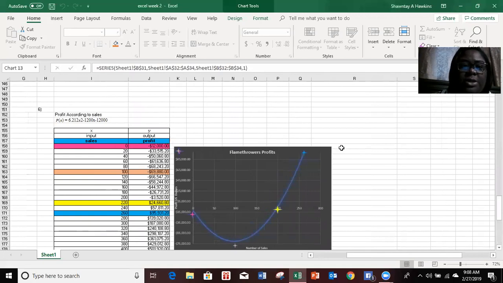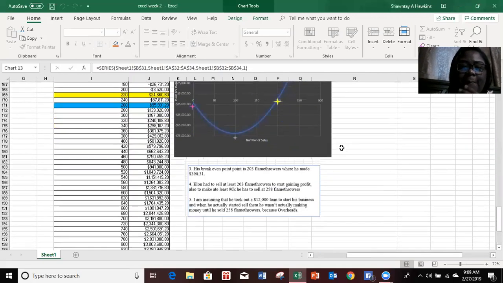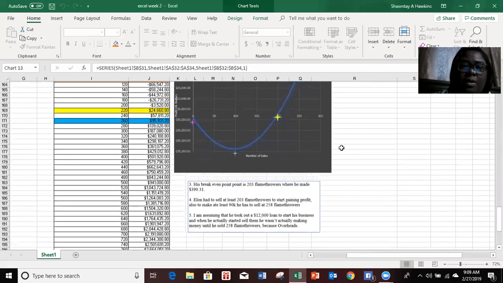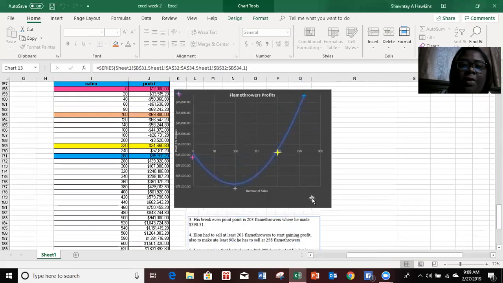And this is number 6. Okay, now if you look here, you'll see that he breaks even. This is the break-even point of the flamethrowers, where he made $390.31.